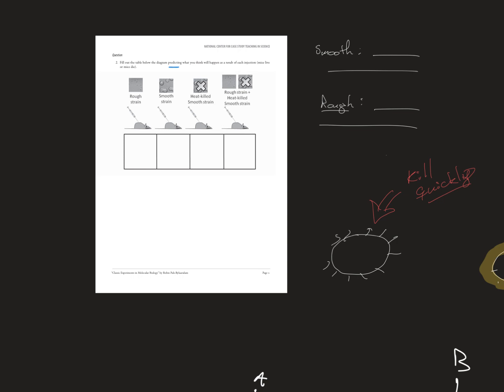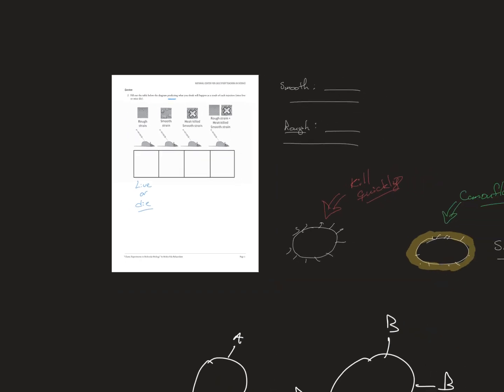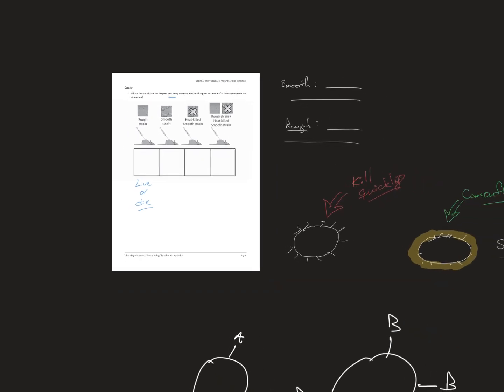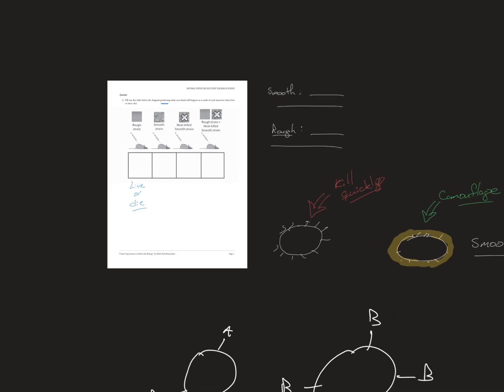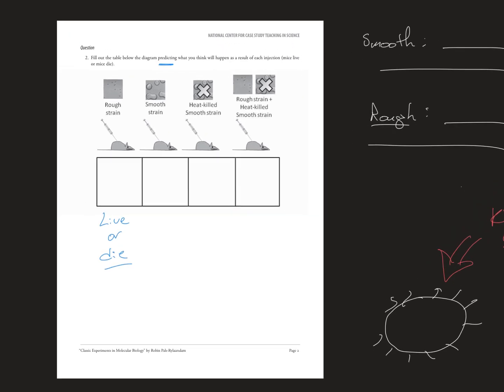Is it going to live, or is it going to die? Well, if this is true, that what we think is happening, then we'd expect that something here is going to happen. You can write it in. The smooth strain, is it going to live or die?